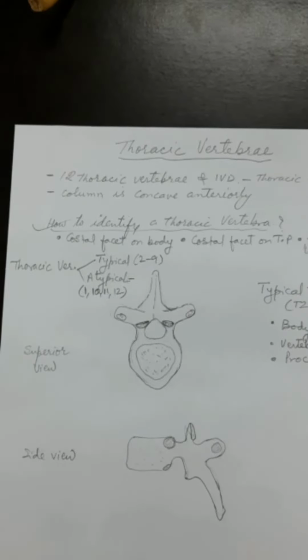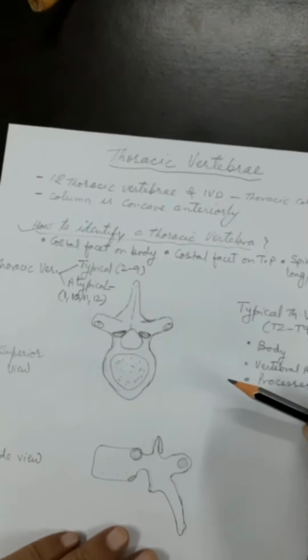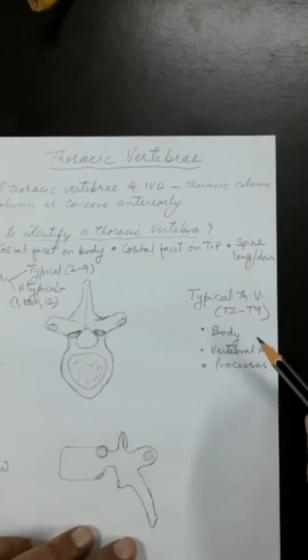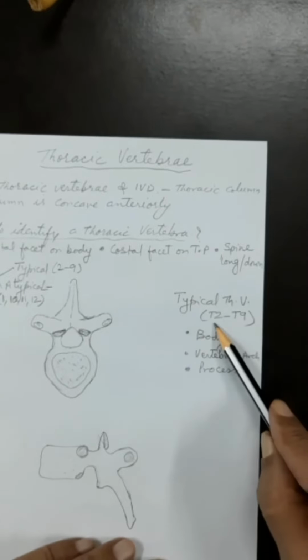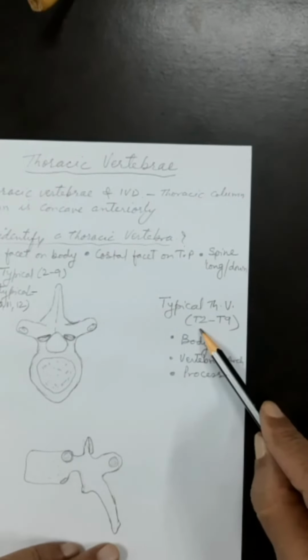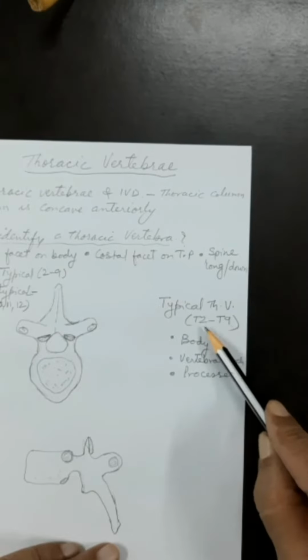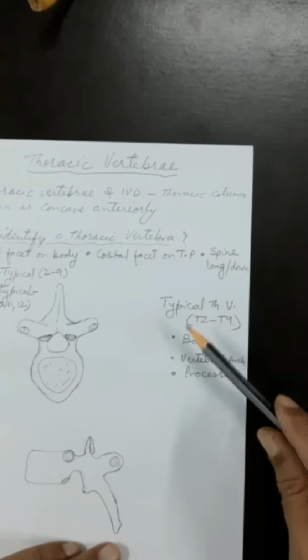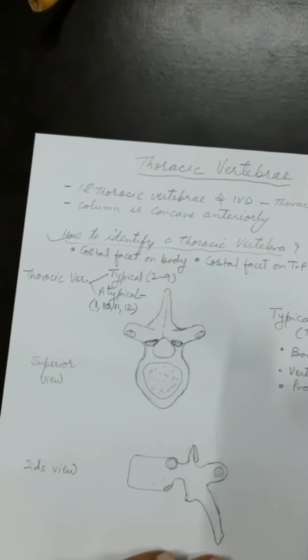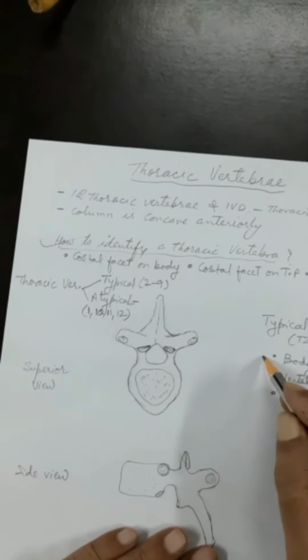Now let us come to the typical one, since this video is meant for the description of typical thoracic vertebrae. So I will teach you the bony features of the T2 to T9 thoracic vertebrae. For these bony features, first we will learn about the body.